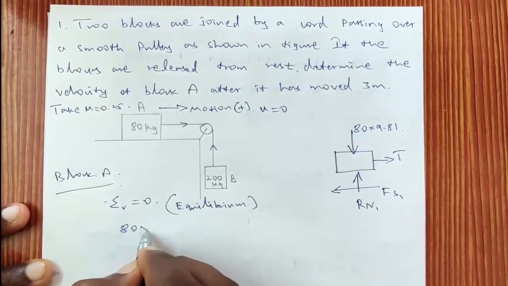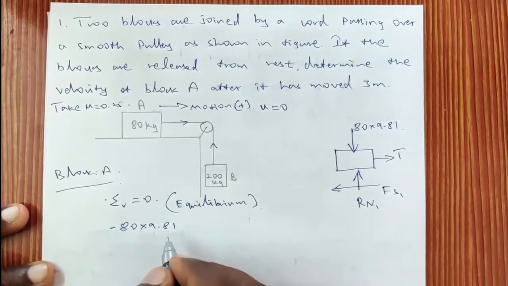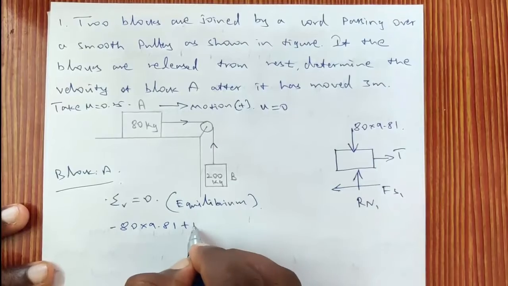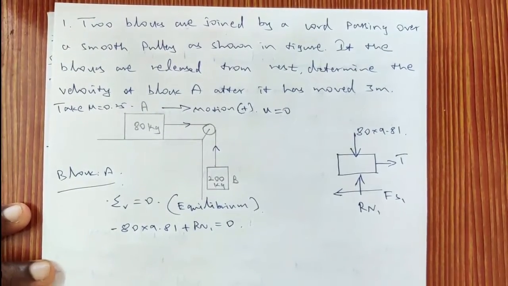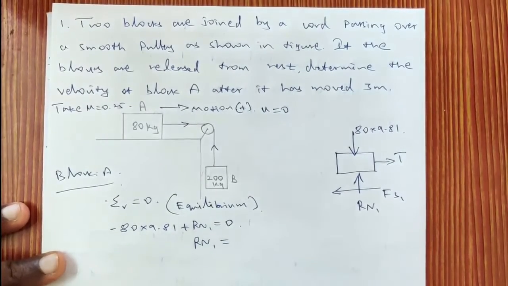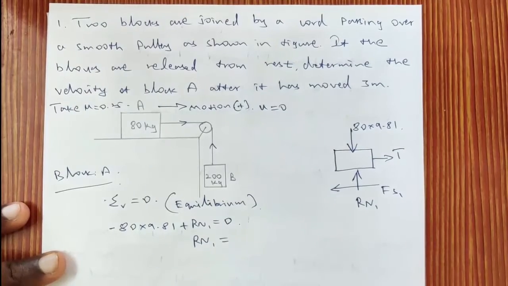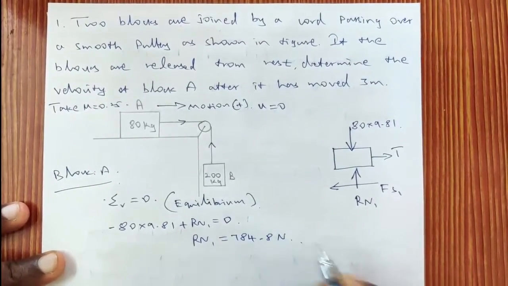So it is minus 80 into 9.81 plus Rn1 is equal to 0. So further, bringing the 80 into 9.81 to the right hand side, Rn1 is equal to 784.8 Newton.